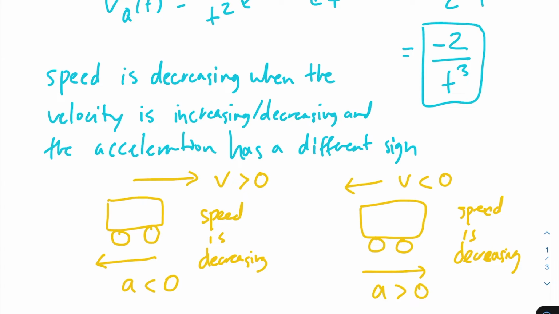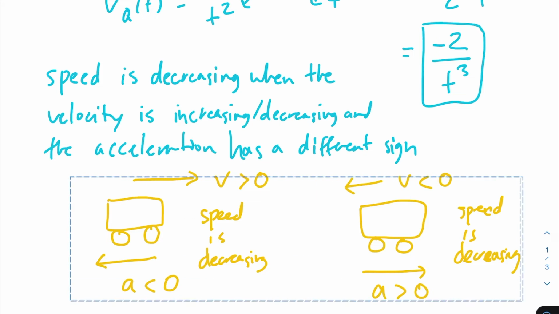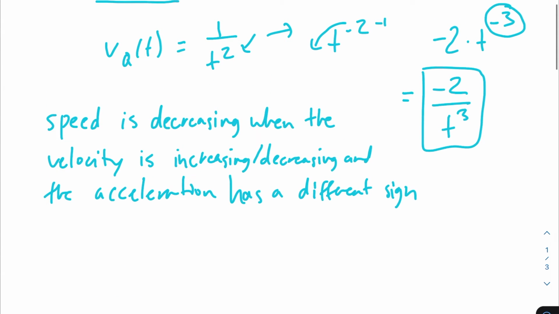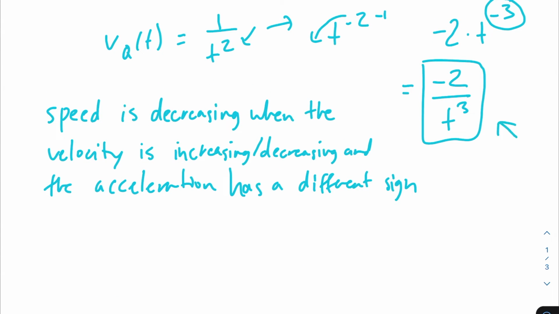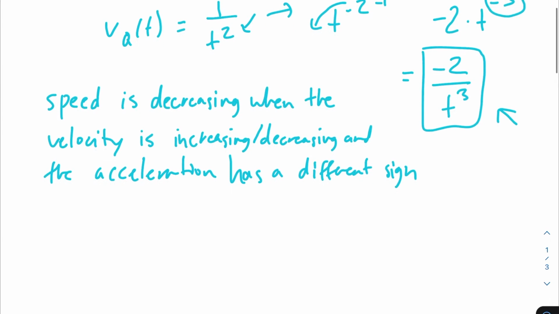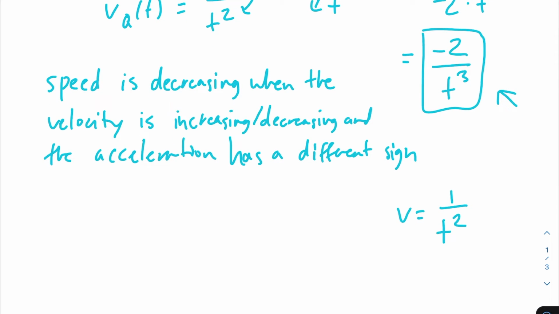How does this apply to our situation? Well, what is the acceleration of our particle? The acceleration we solved for here is minus 2 over t cubed. And our velocity at the same time is going to be 1 over t squared. If we compare these two, you'll notice something interesting. Notice the signs of these two equations.